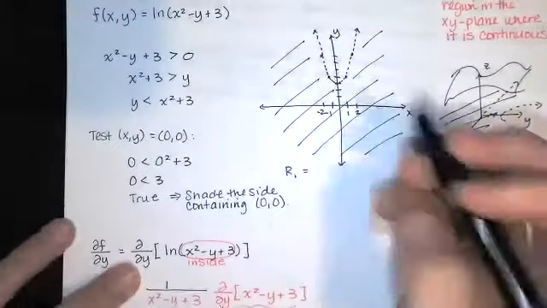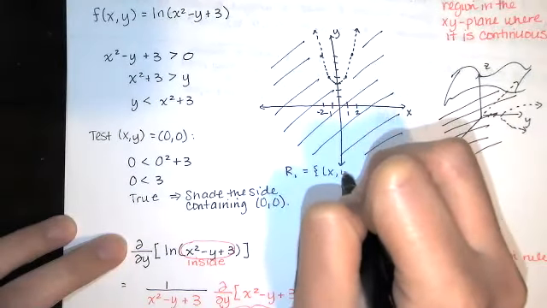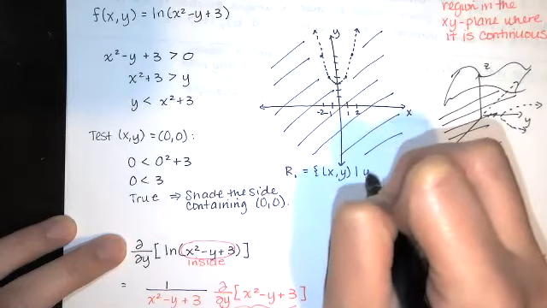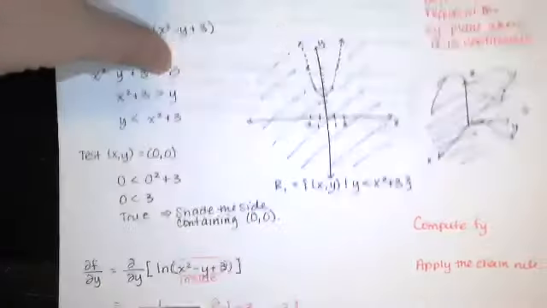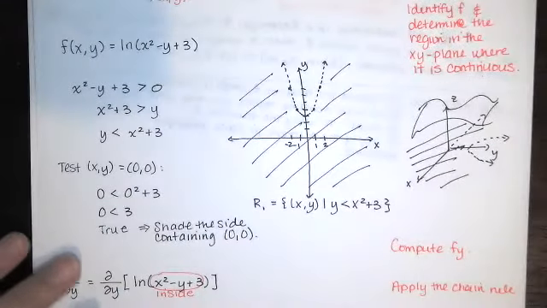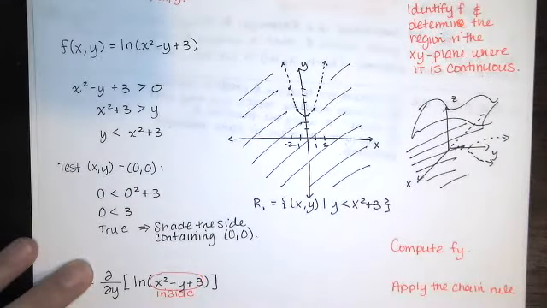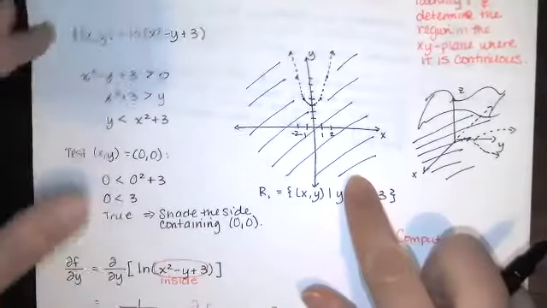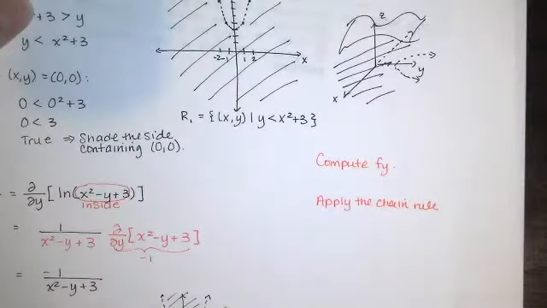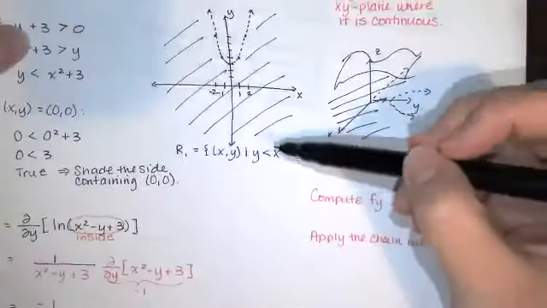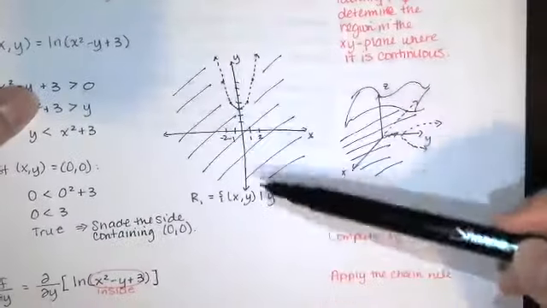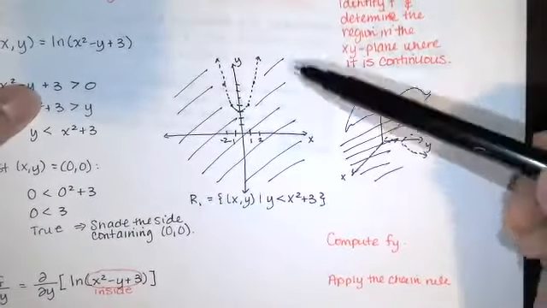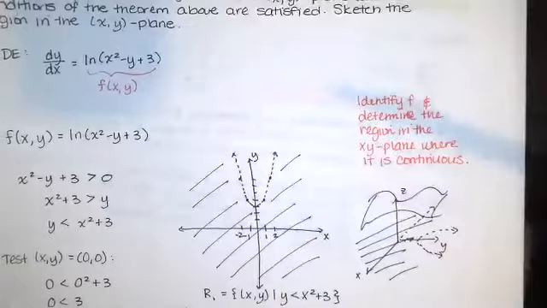This is the set of all xy pairs such that y is less than x squared plus 3. Okay, so we need these to both be true at the same time. So we need xy pairs that belong to this set and belong to this set. And these xy pairs belong to both sets. So this is the region that we're looking for.